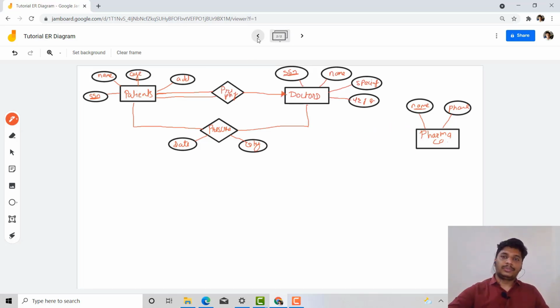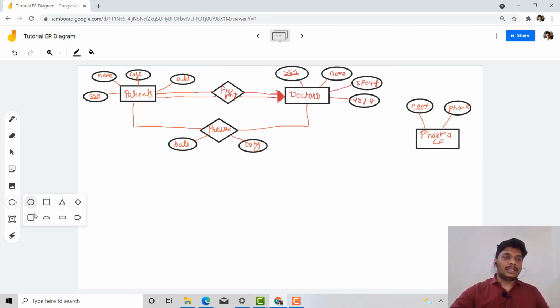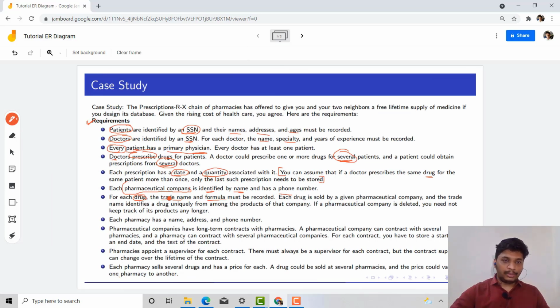Now for each drug the trade name and formula must be recorded. So one new entity here, that is drug, having attributes trade name and formula. So let us draw one rectangle here, that is drug. Now it is having two attributes. Which are those attributes?